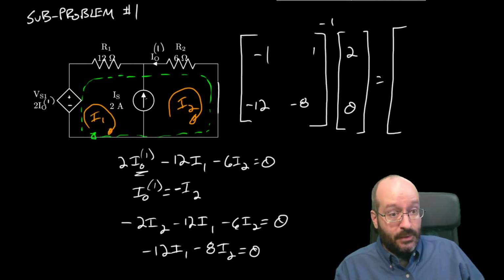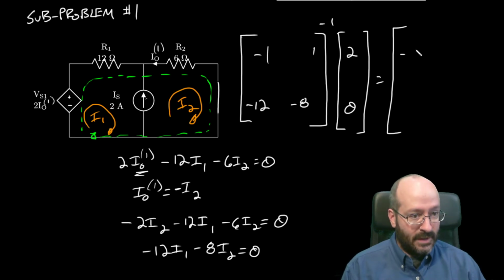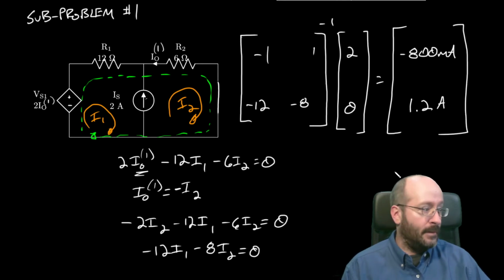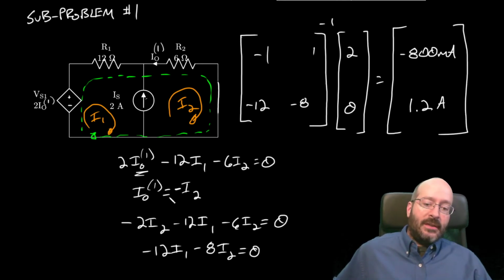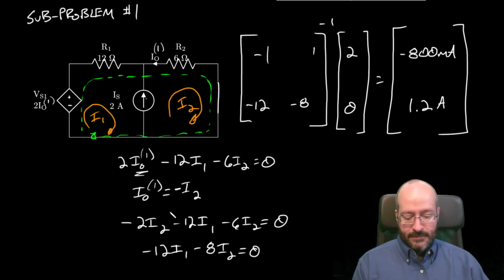Okay, so -1, 1, 2, -12, -8, and 0. We get -800 milliamps and positive 1.2 amps. Those are the mesh currents. Hey, we've already got an expression right here. We already wrote it.